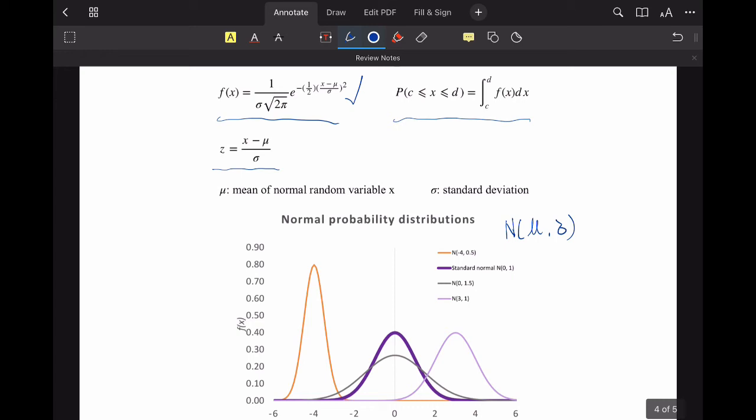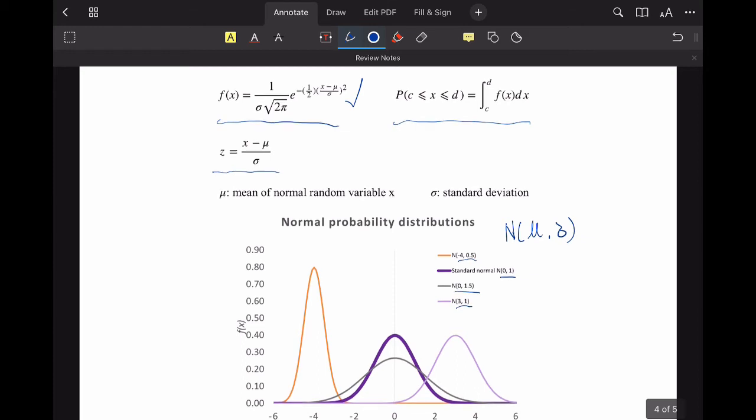And you can see the graph here, different functions have different mu, different mean and standard deviation. We can also see in the function that it has mu and it has standard deviation. So this graph is just a representation of its function. Different mu and different sigma will have different shapes of graph.